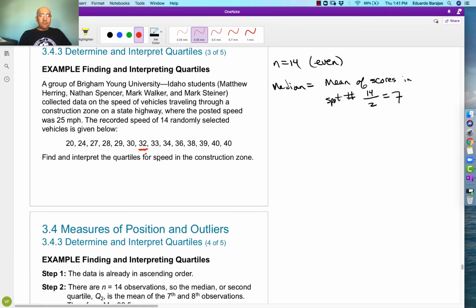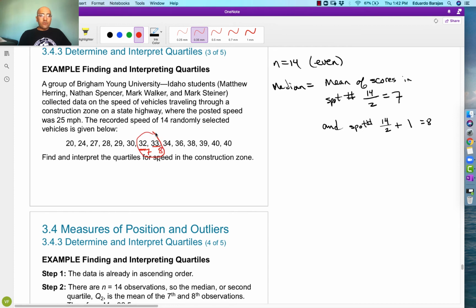And the one right next to it, spot number 14 divided by 2 plus 1, in this case, will be 8.